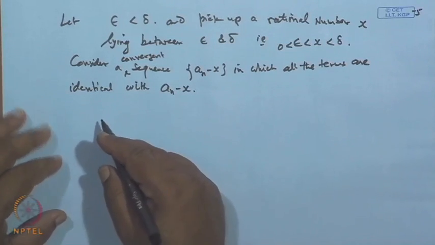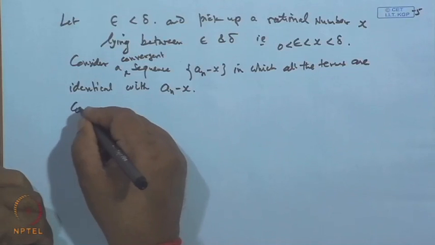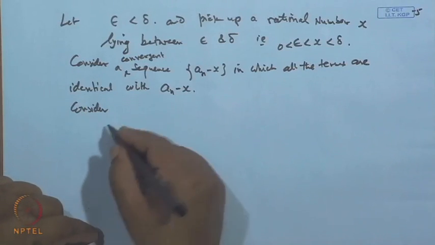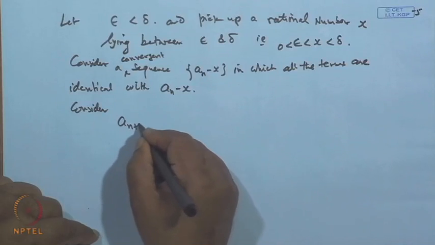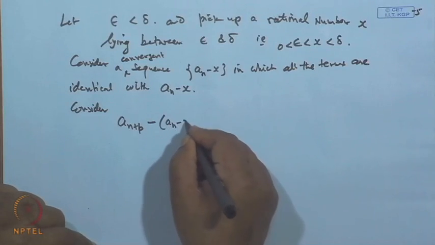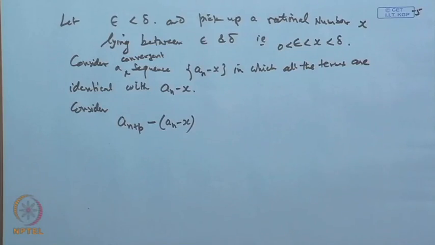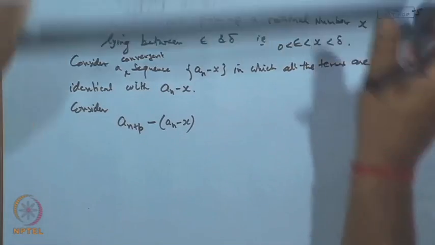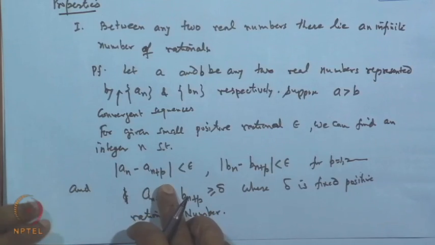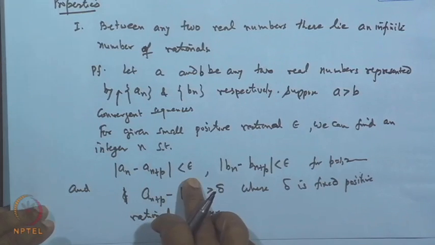Okay. Now, consider a_(n+p) minus a_n minus x. Now, from here if you look, a_n is convergent. So, this condition is satisfied, mod of a_n minus a_(n+p) is less than epsilon.